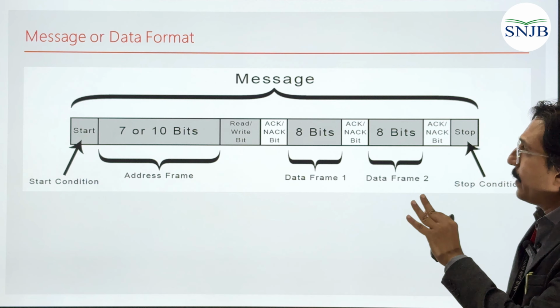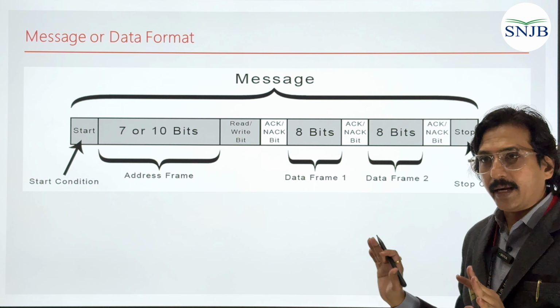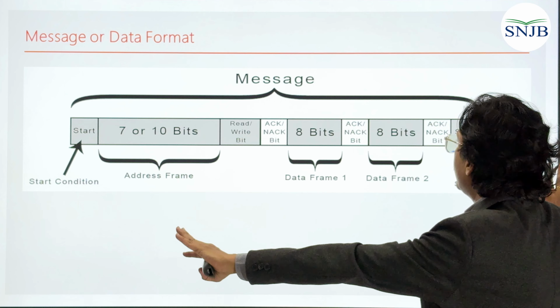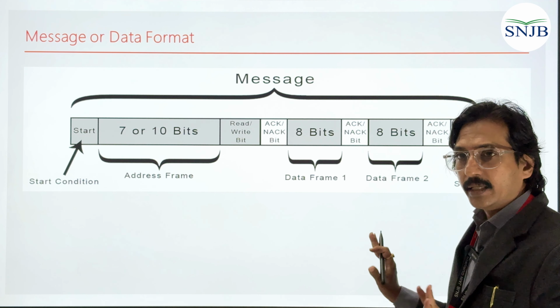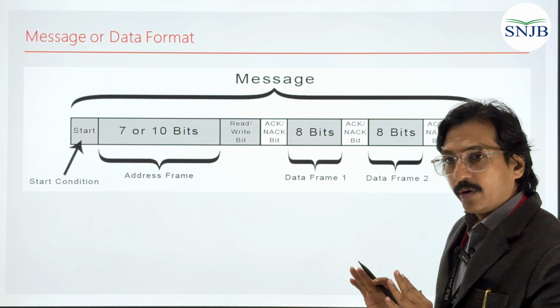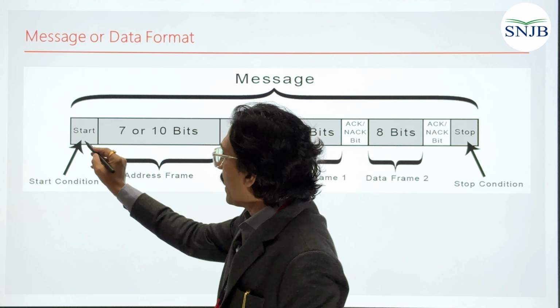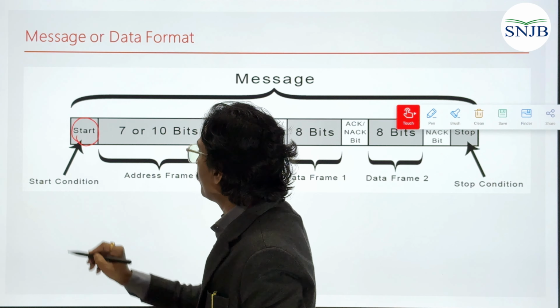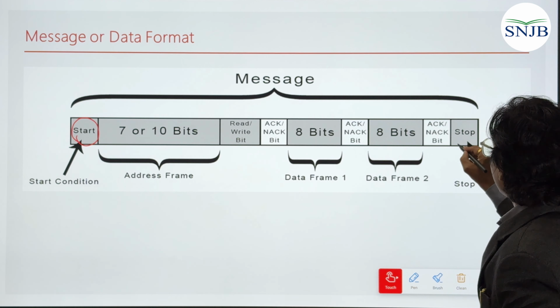Now as far as the message or data format is concerned, the data frame or data packet is comprised of these many bits. Here there is no confusion in this case. You can easily remember the frame format. This is the start of the frame and the stopping of the frame.